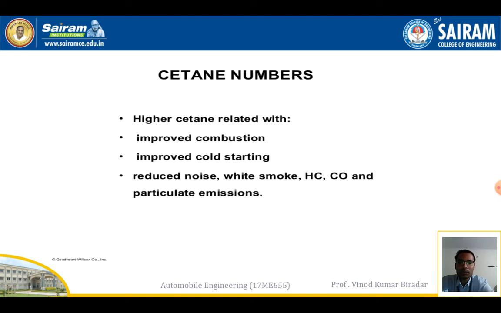A higher cetane number improves combustion. Combustion takes place without noise or disturbance, and cold starting improves. We can start the engine quickly and reduce noise, white smoke, hydrocarbons, carbon monoxide and particulate emissions. So the harmful gases produced can be reduced with the help of the cetane number.